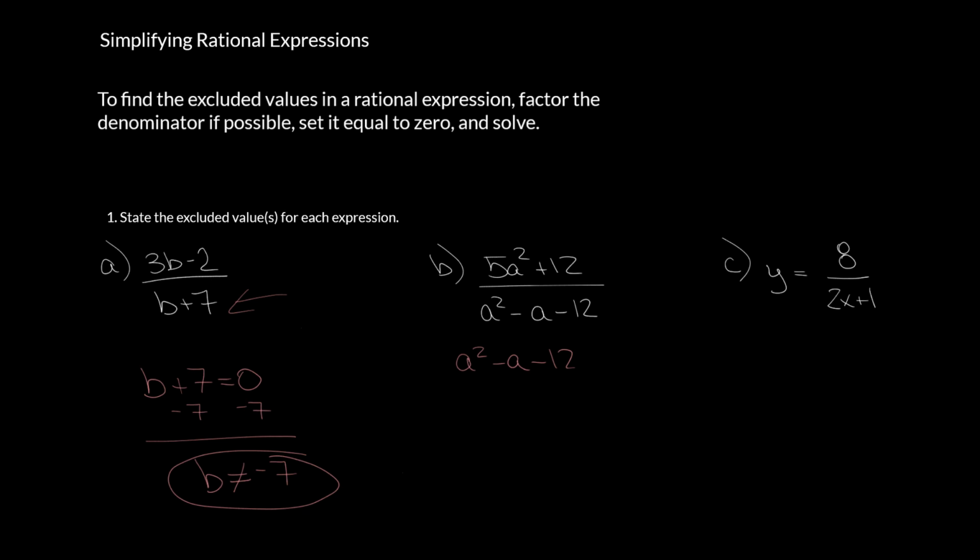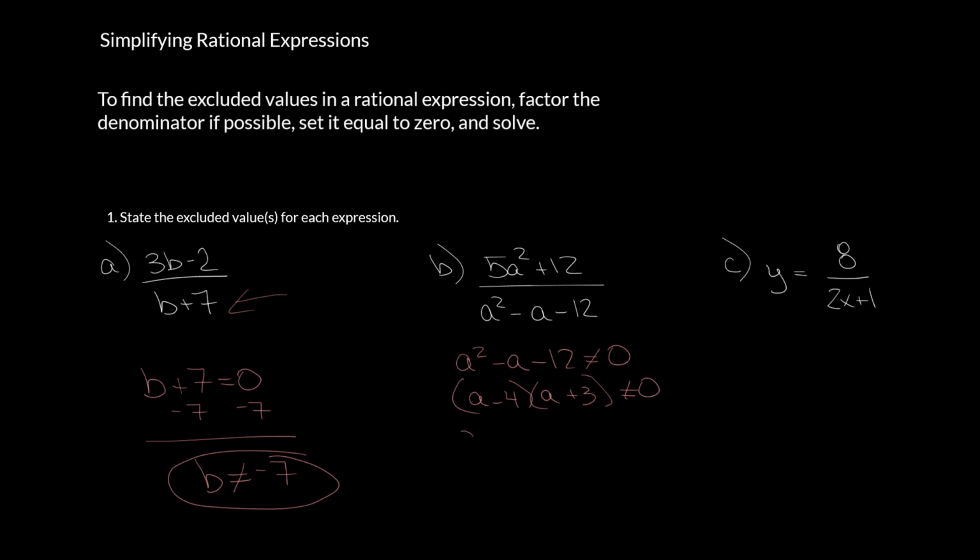You set it not equal to 0 or equal to 0, either way. And then I'm going to factor this because it's a quadratic term. So I get a times a is a squared, and then -4 times +3 would give me -12, and -4 plus 3 would give me -1.